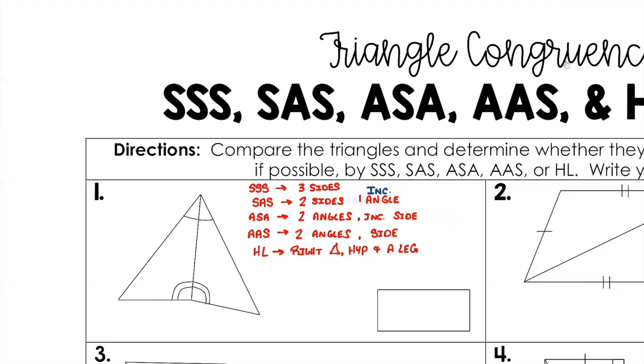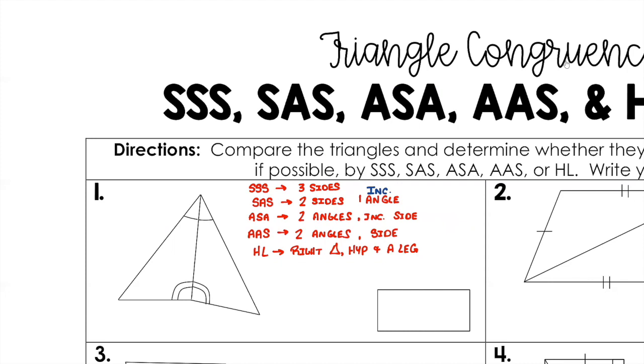All right, what are three things that we can always assume? What are our three congruent relationships we can always assume? Reflexive, a shared side or a shared angle.